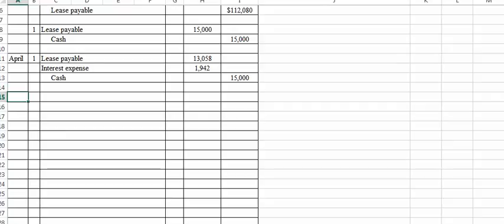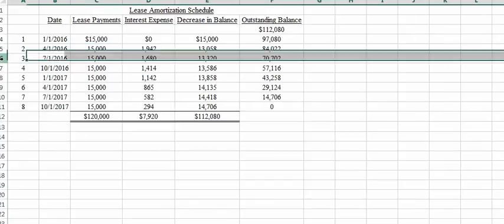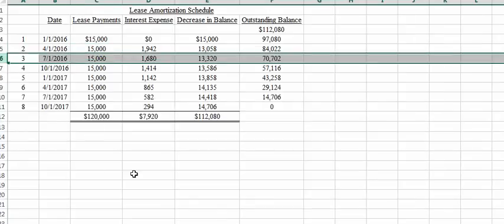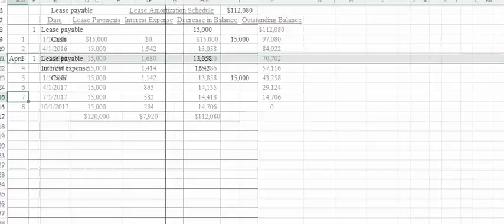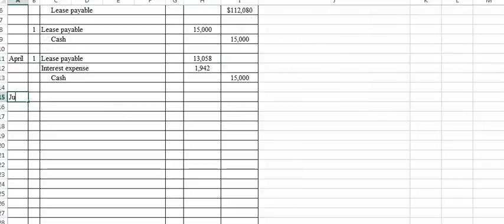Okay, so we took care of the April 1st row. The next one we'll make is for July 1st. All right, it's going to be the same three accounts affected, you guys. The only thing that's going to change will be the numbers.